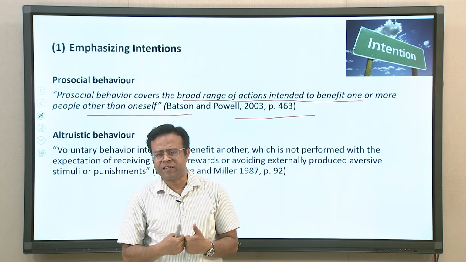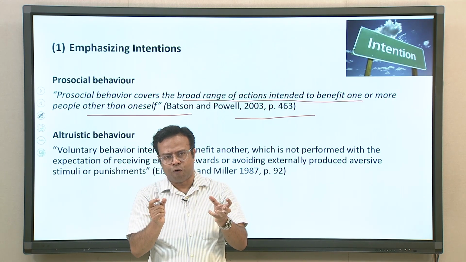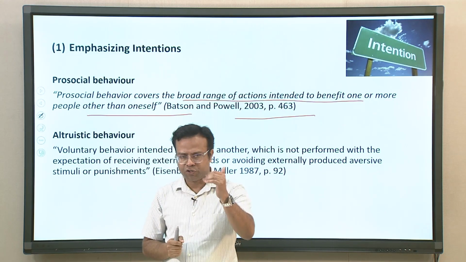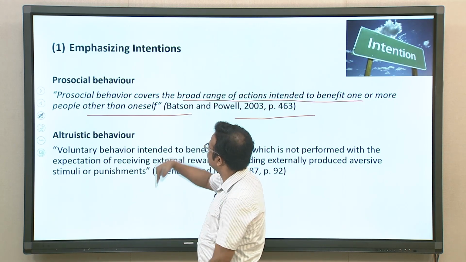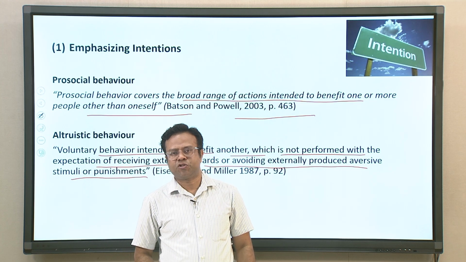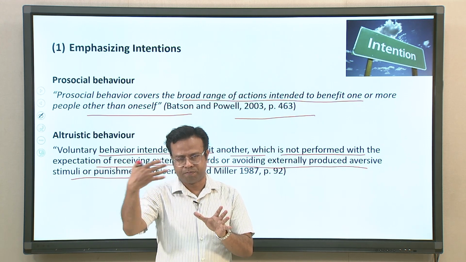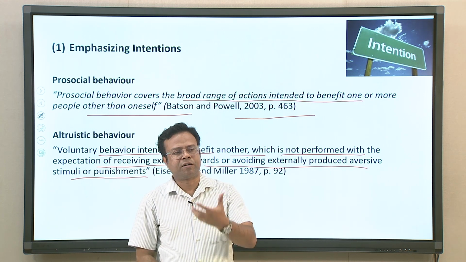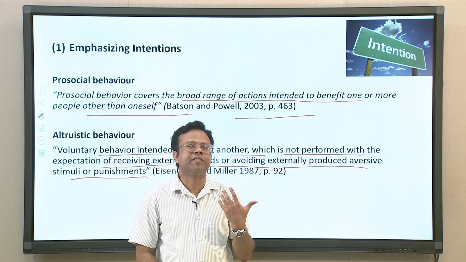Now, altruistic behavior is a very specific aspect of prosocial behavior, from the intentional perspective. It is a voluntary behavior intended to benefit another, which is not performed with the expectation of receiving external reward or avoiding externally produced aversive stimuli or punishment. When we talk about altruism, the intention is obviously to help or benefit someone else, but there is no expectation to get anything in return.